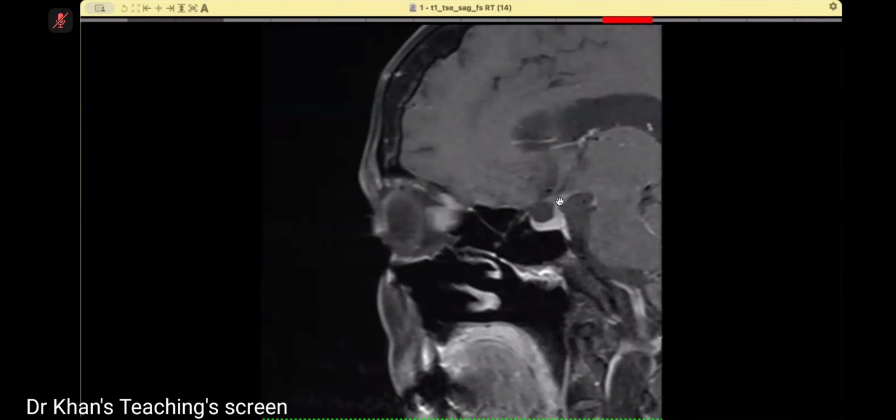Here it is slightly thickened where I'm pointing out. Please remember that in the differential diagnosis of stalk lesions or infundibular lesions, metastasis as well as lymphoma is up there. Metastasis is maybe the most common cause of stalk lesions. So this is what it was.